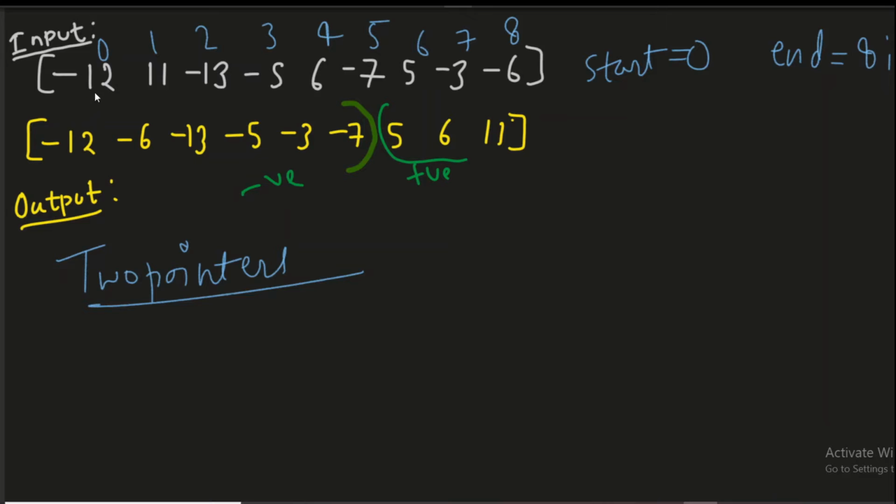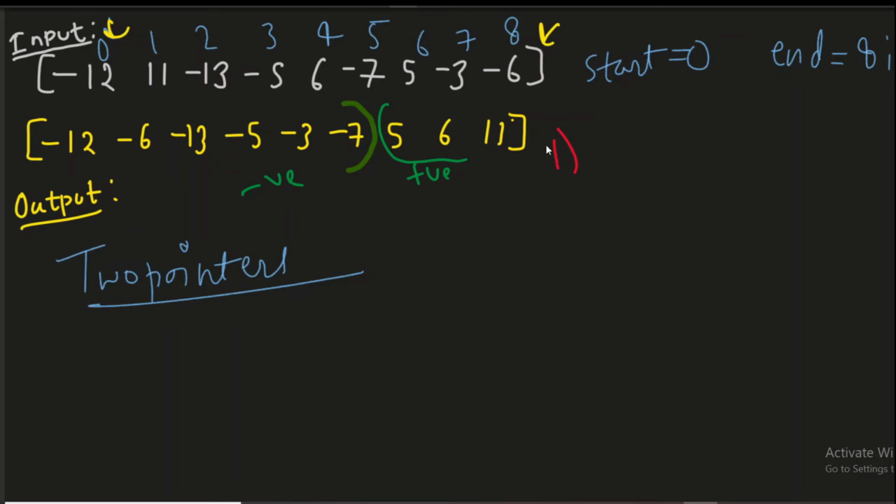So my start pointer is pointing towards this element, and my end pointer is pointing towards this element. All right, so I will move both these two pointers one by one and I will perform 4 checks.